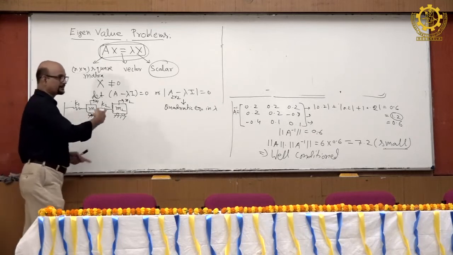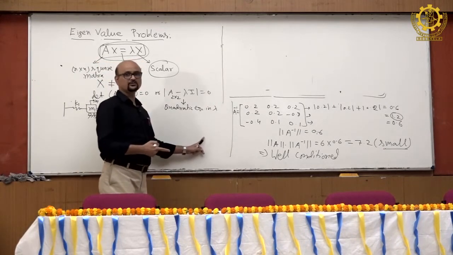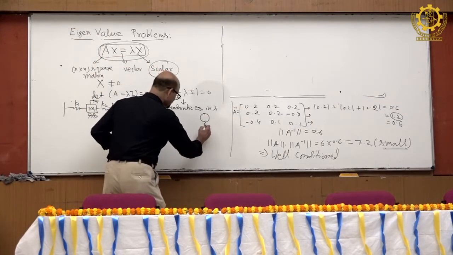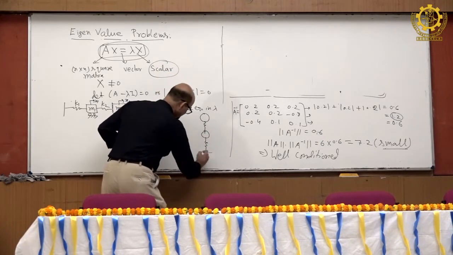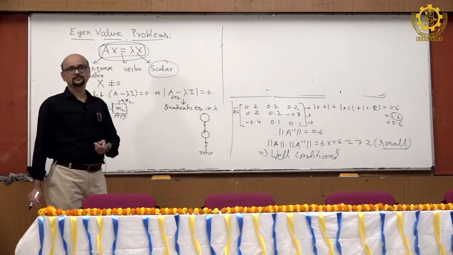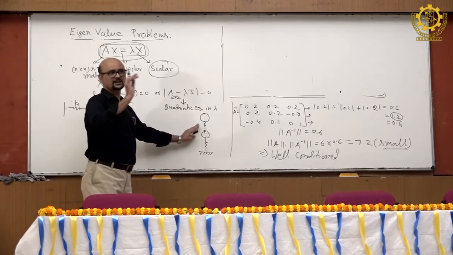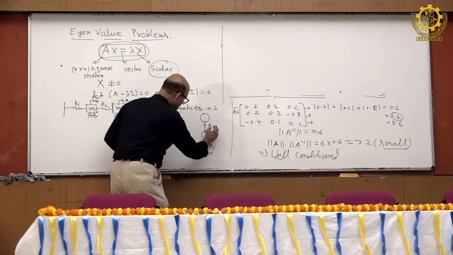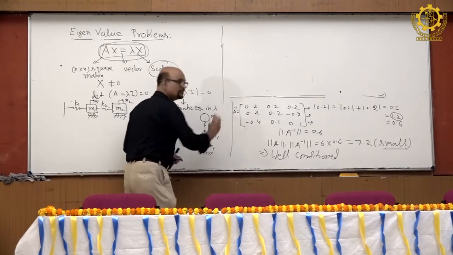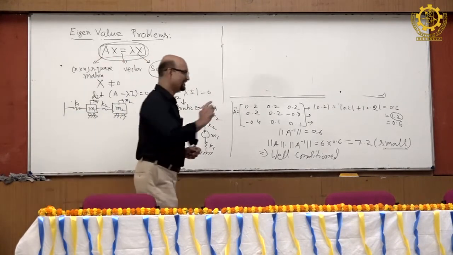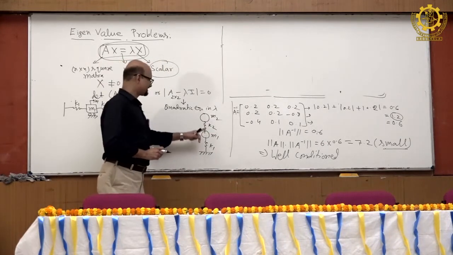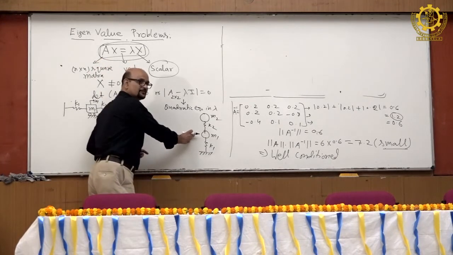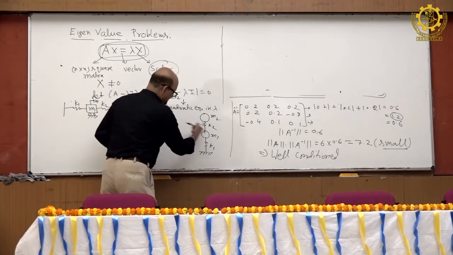Now, this problem I can generalize to a civil engineering or mechanical engineering problem. Let me draw it like this. This is not exact, but it is the generalized form: this is K 1, this is K 2, this is M 1, this is M 2. So what is this?